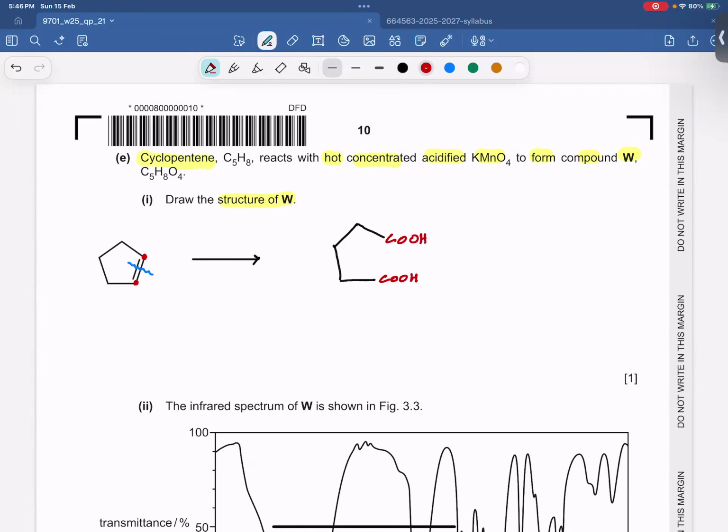I hope it makes sense to you. Or you can write it even this way: this CH will turn to COOH always. This is CH2, this is CH2, this is CH2.